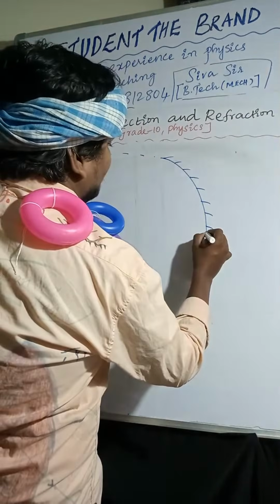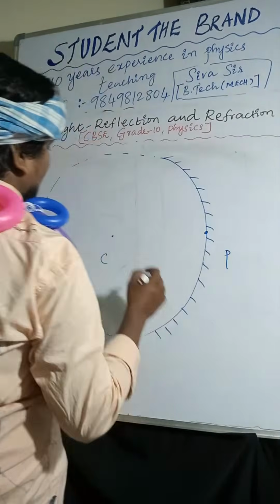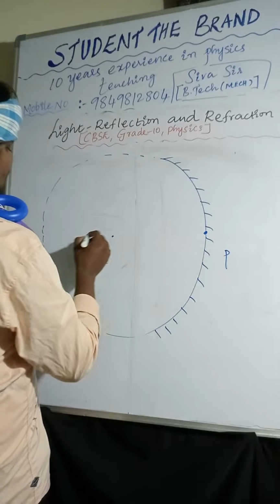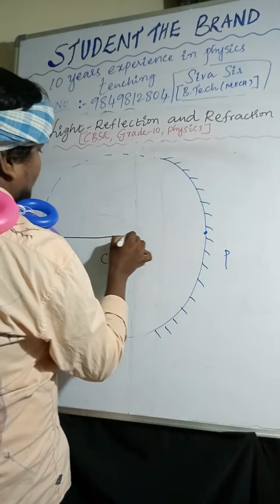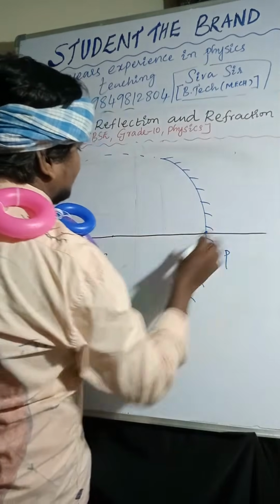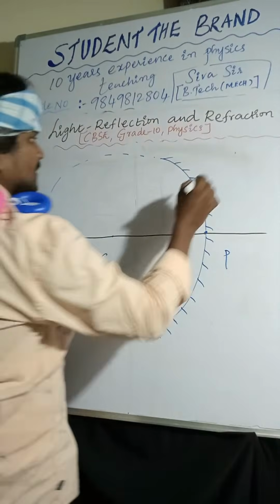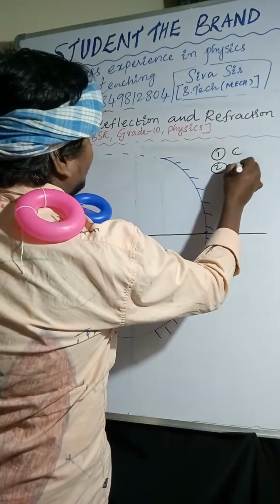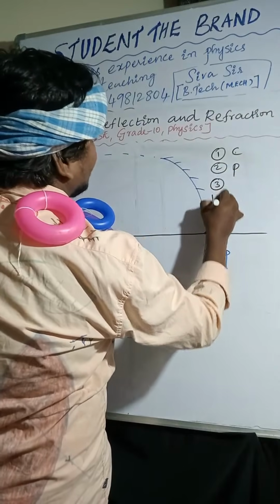The midpoint of the mirror is called the pole. The line joining the center of curvature and the pole is called the principal axis. First one is center of curvature, second is pole, third is principal axis.